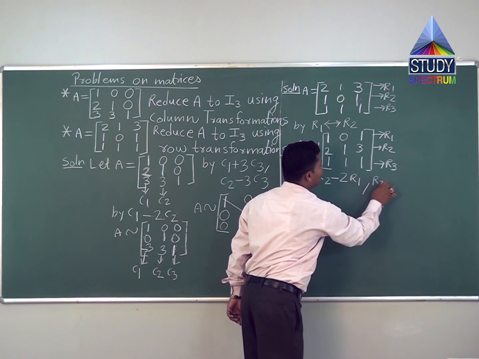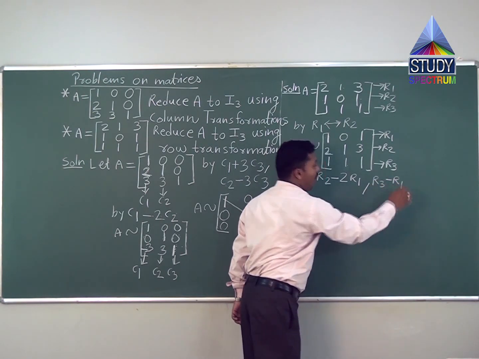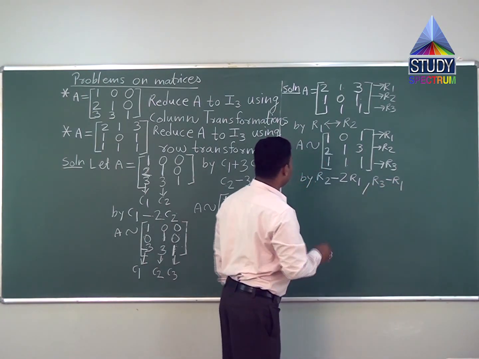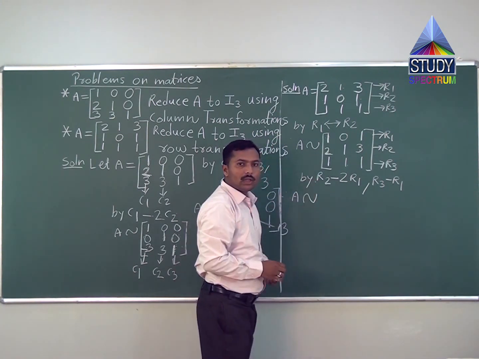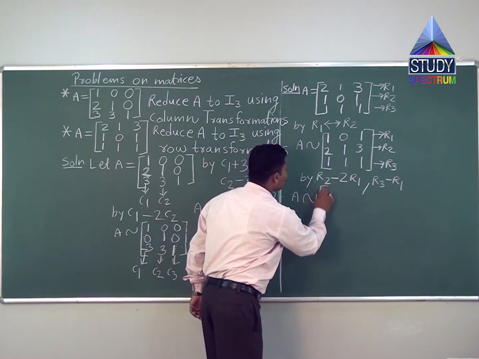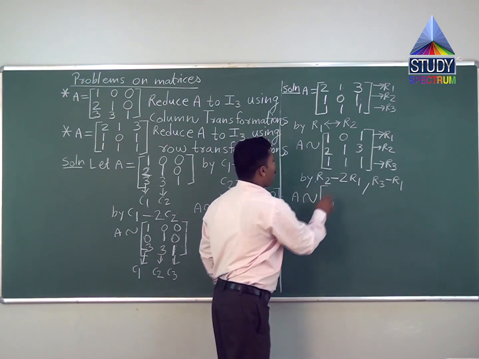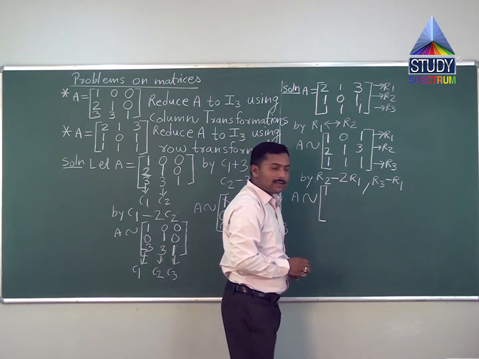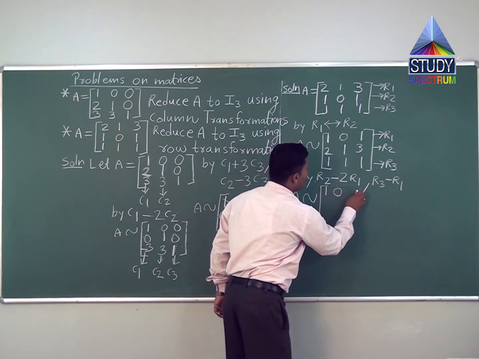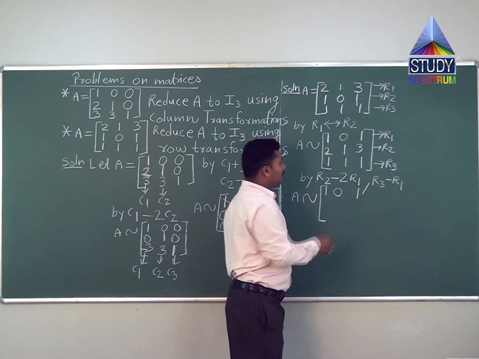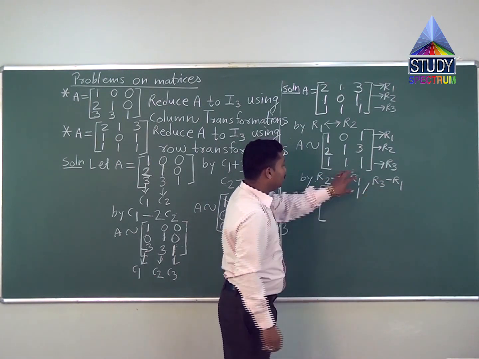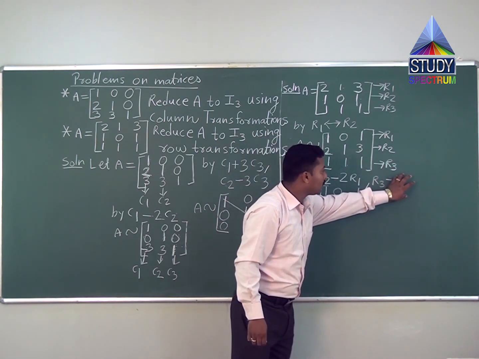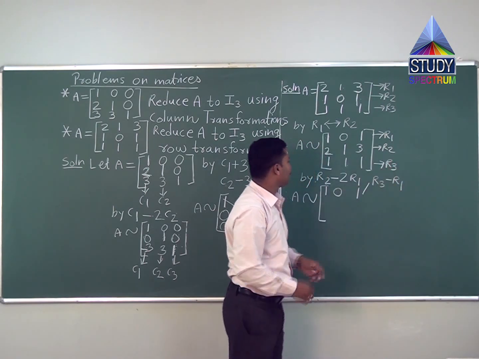So R3 minus R1, R3 minus R1. Therefore A is equivalent to the first row as it is, 1 0 1, because operations are only made in R2 and R3, and this part also stays as it is.